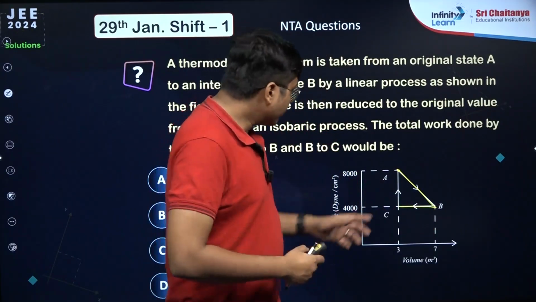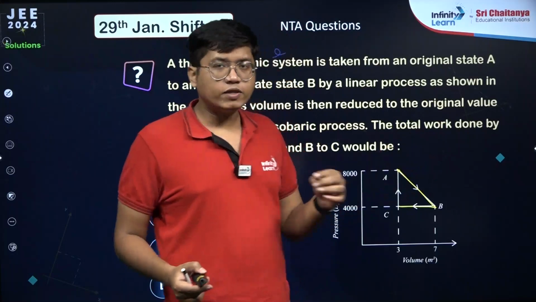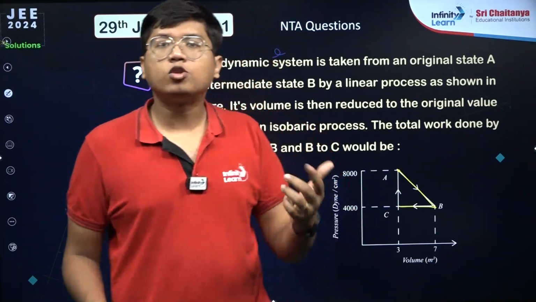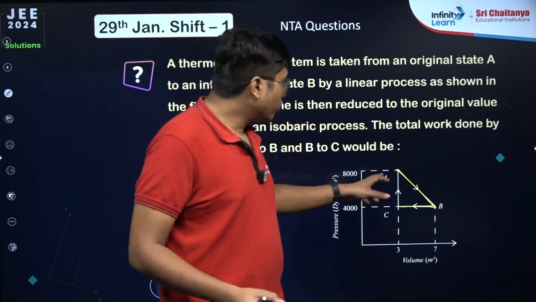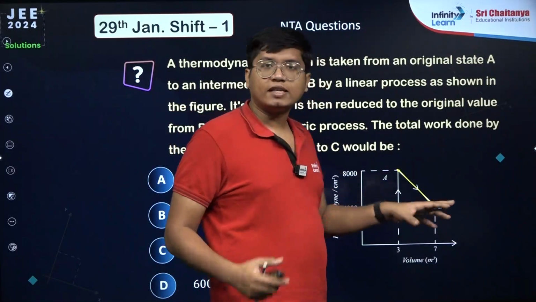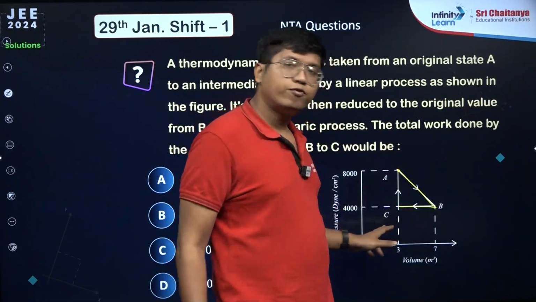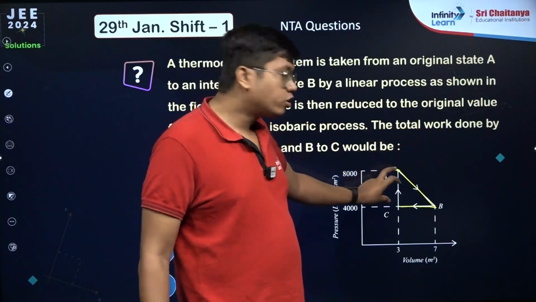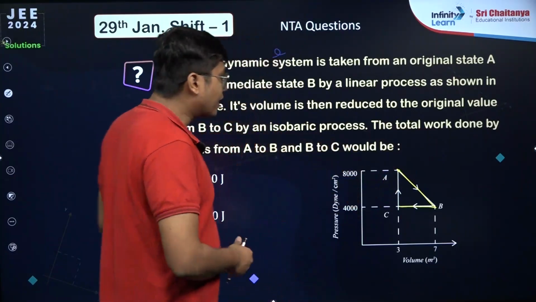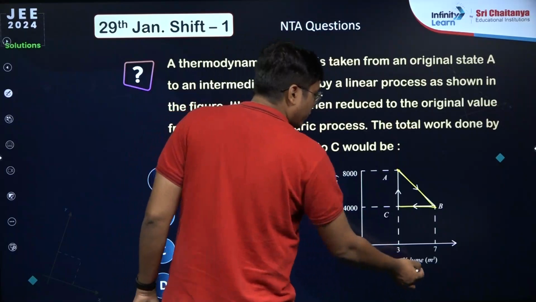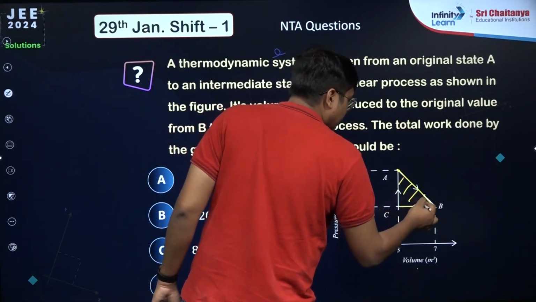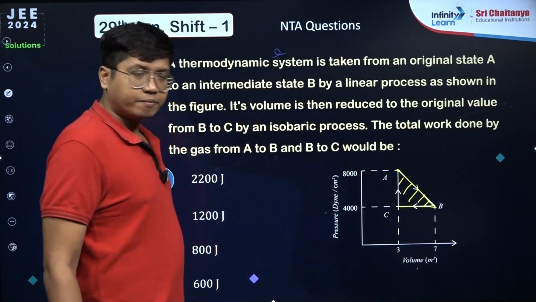Now if you look at it, this path AC over there has 0 work done because it's an isochoric process. So if you're looking for the work done by AB and BC, that is equal to the work done for the full cyclic path, because this contributes no work. So we can directly find the work done from a P versus V graph by the area inside it.